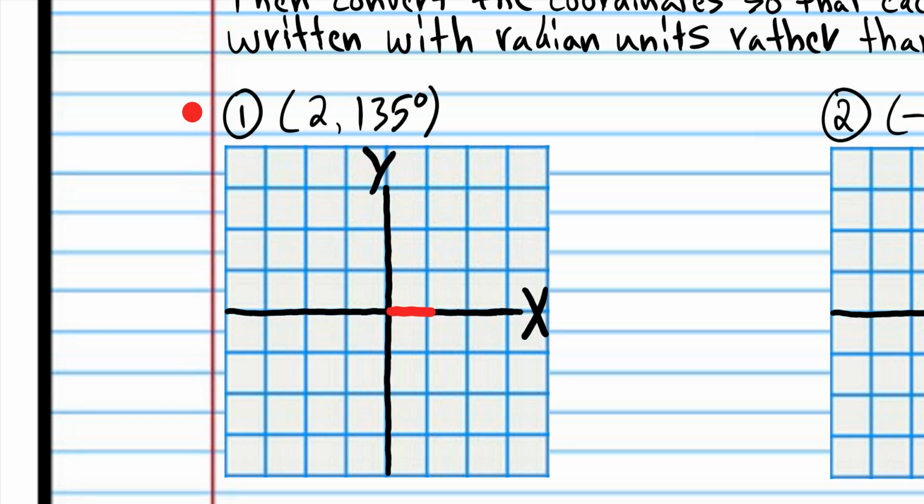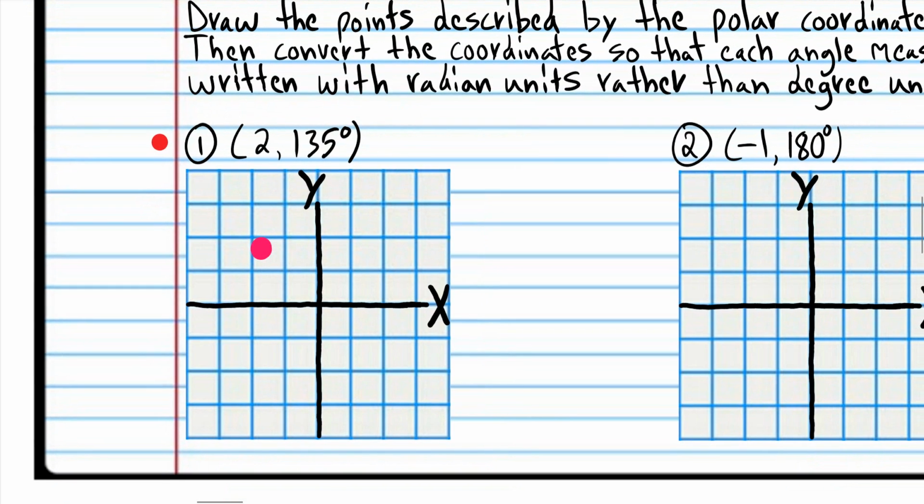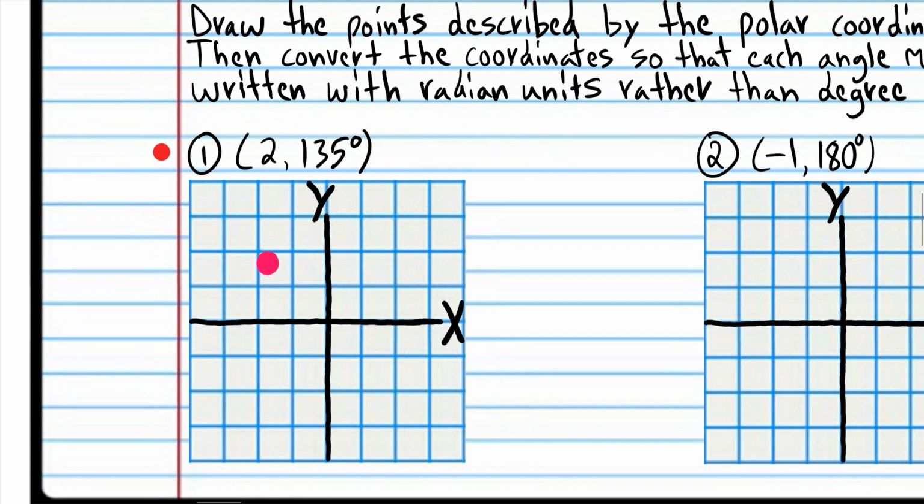So we're going to move 2 units to the right, then we're going to rotate 135 degrees, and that's going to put us somewhere over here. So the point that we're looking for is roughly about there. So that is the point 2, 135 degrees.